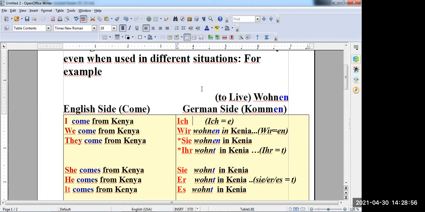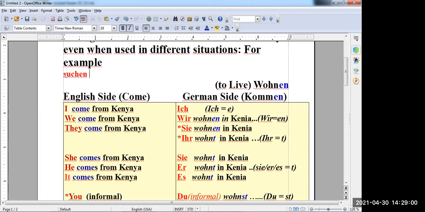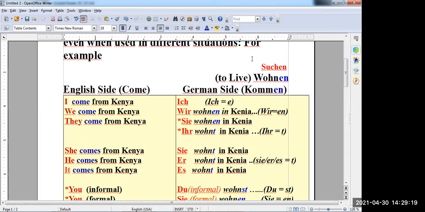Put another verb on top. Suchen. To search. Okay? Seeking, looking for something. You have lost your book or your money in the house. Suchen. What you are doing, the action is the original verb.